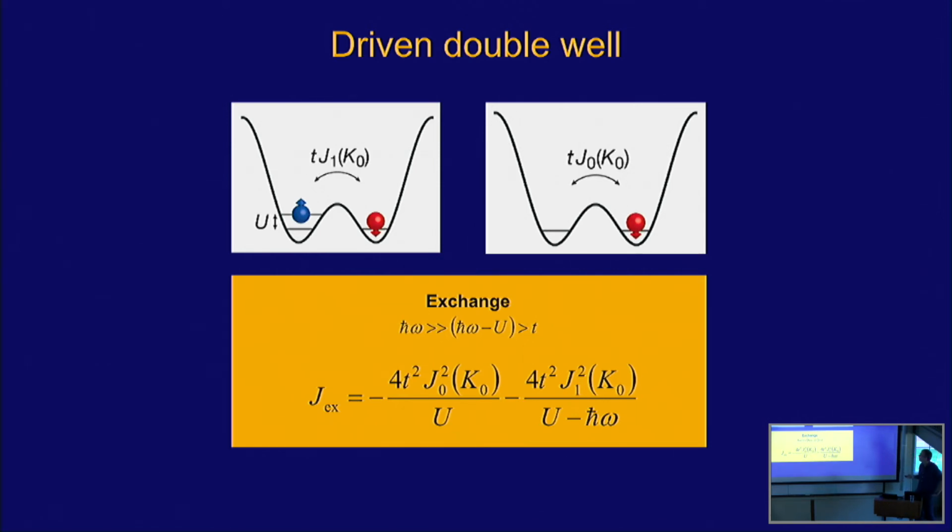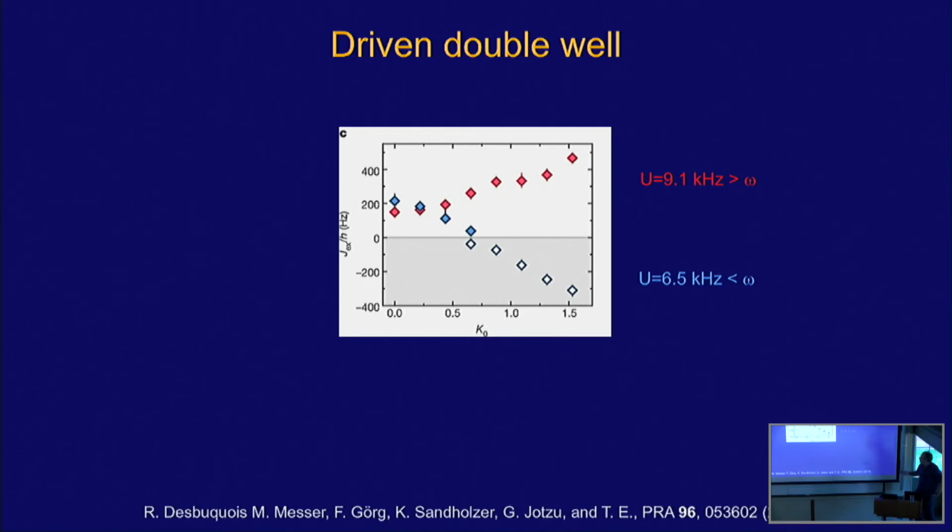If you measure it directly on the double well, you can see that if you drive it appropriately detuned, you can increase your exchange interaction. This is the double well, but we also did experiments in a coupled system, and I'll show you later that indeed our magnetic correlations increased when driving.